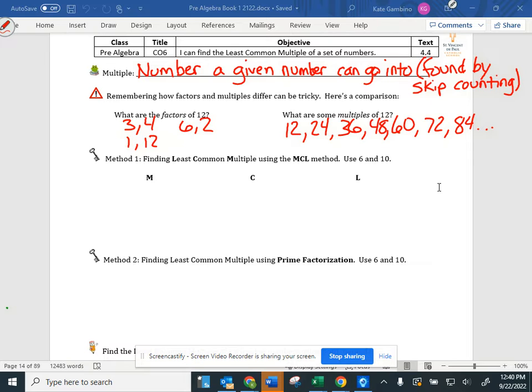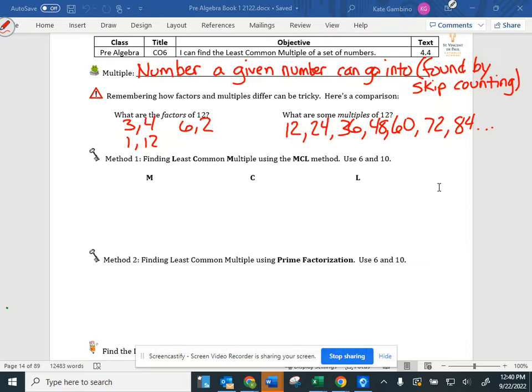All right, so method 1 for finding the least common multiple. We have all these multiples. When we look for the least common multiple, we take 2 or more numbers and find what common multiple they share, the smallest one. For factors, we were looking for the greatest common factor that 2 numbers shared.